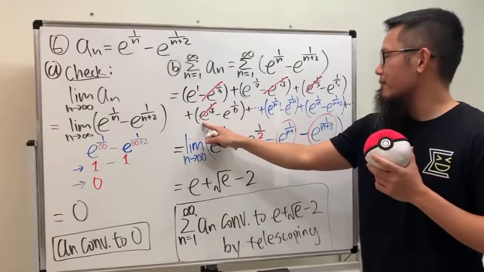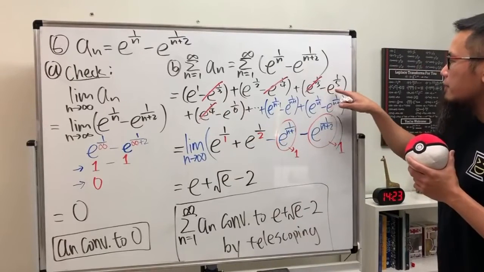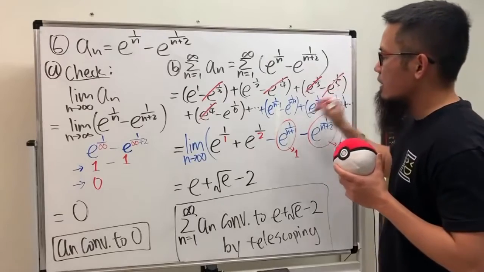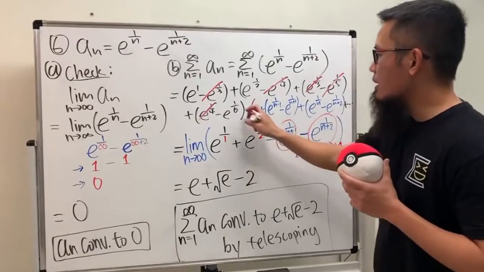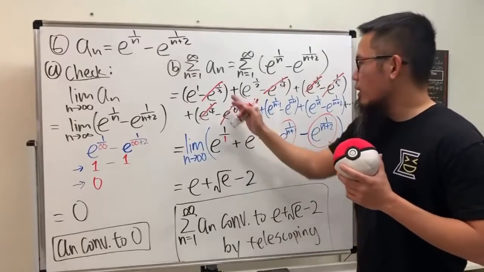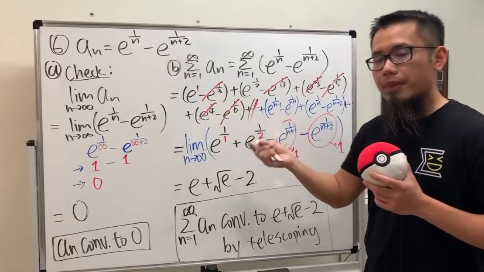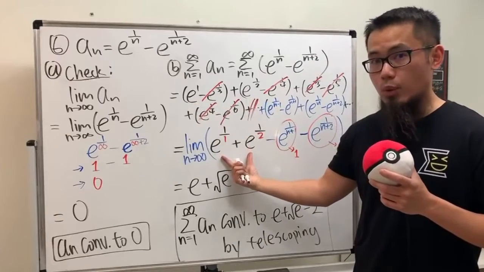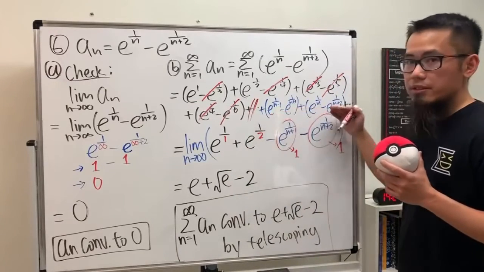And now you see, in this parentheses, this guy gets cancelled first, right? Keep that in mind. Anyway though, here you can see that negative e to the 1/5, this right here will cancel out with this term. I just didn't write it down. And then so on, so on, so on. This guy is going to cancel with some guy right here. So, in fact, these guys are going to get cancelled out. Now, notice that we have this and that survive. That's what we did. But don't forget that you also have to pay attention to the nth term right here.